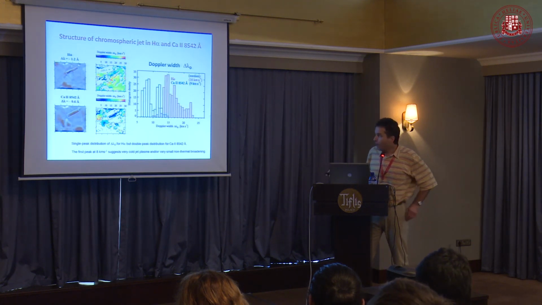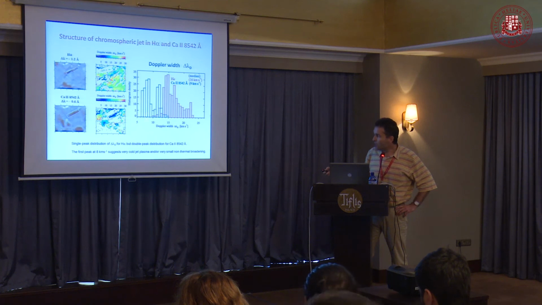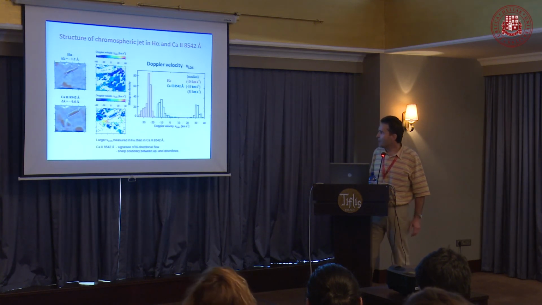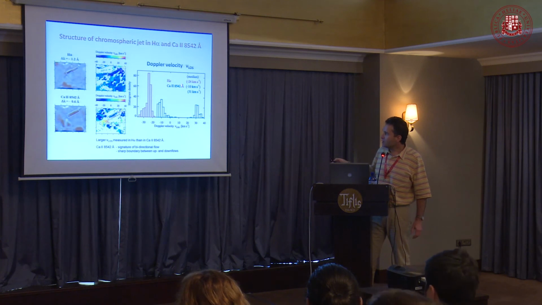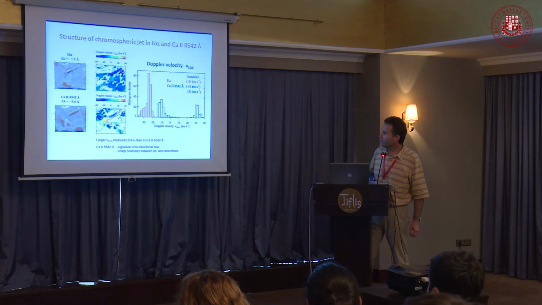Doppler width. We found significantly smaller Doppler width in the calcium infrared line, which shows a double peak distribution, suggesting light cold plasma occurring within this feature. In the case of the H-alpha structure, the Doppler widths are significantly larger. And here is the statistical view of our results obtained for the line of sight velocity.